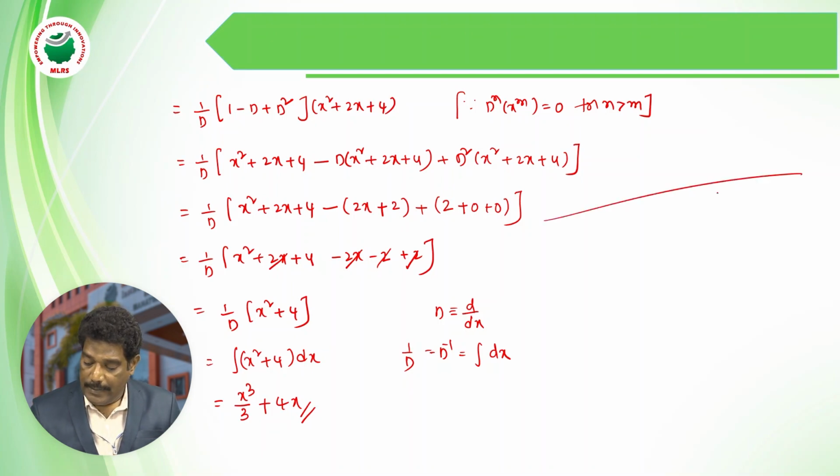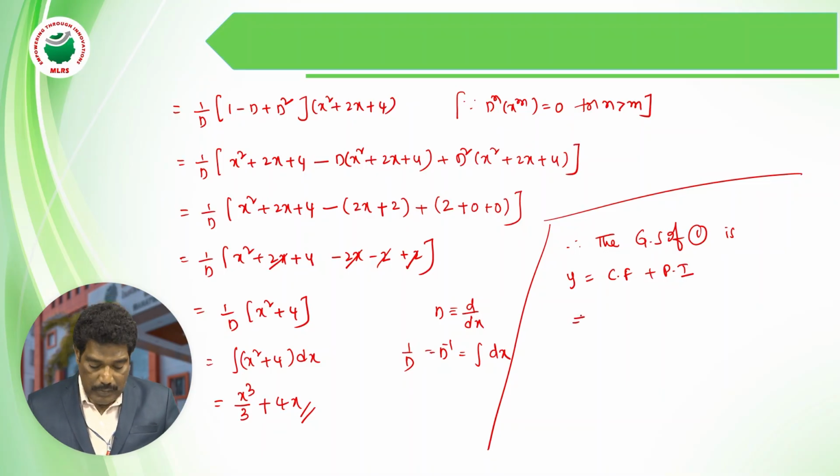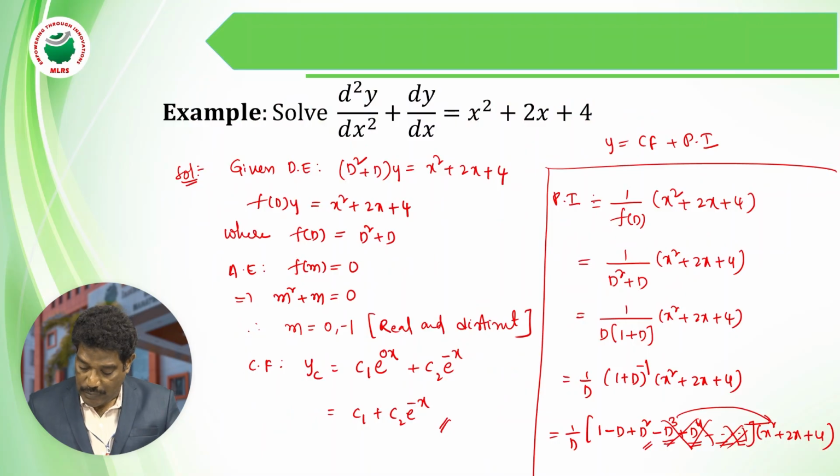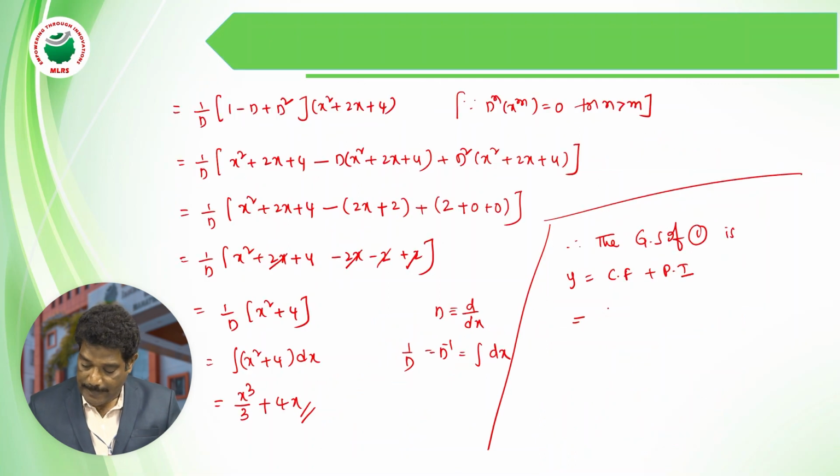Next, finally, the general solution. Therefore, the general solution of 1 is y equals CF plus PI, complementary function plus particular integral. What is the complementary function we got earlier? This (c1 plus c2 e power minus x).